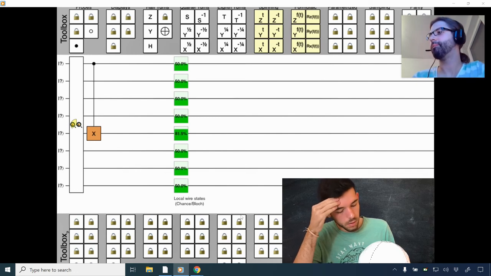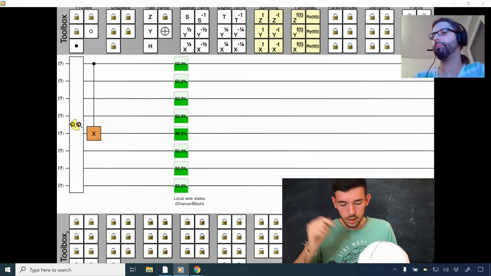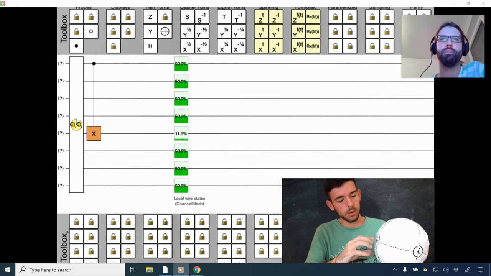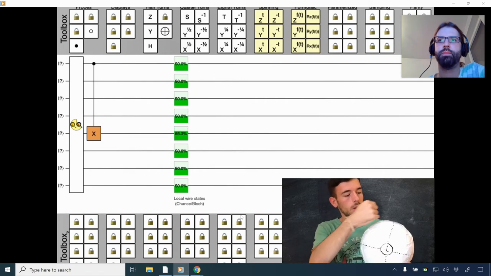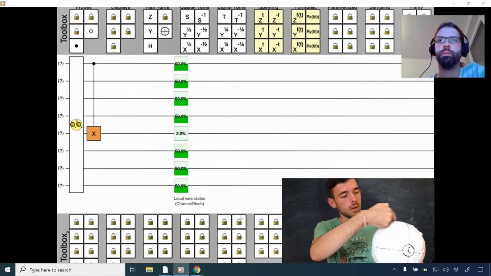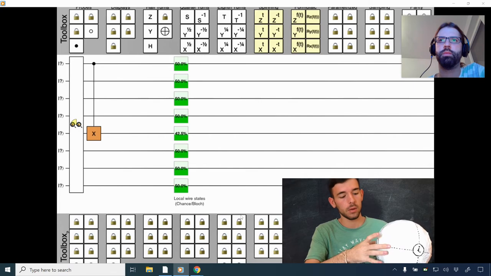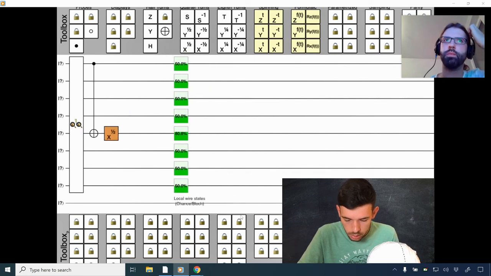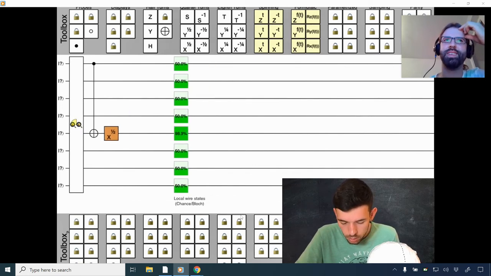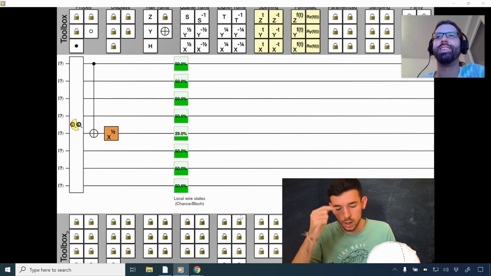So if we turn around the x-axis, if the circumference is this, the probability has to be 100%. So if we did it, nothing changed.